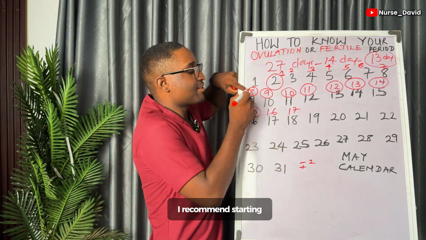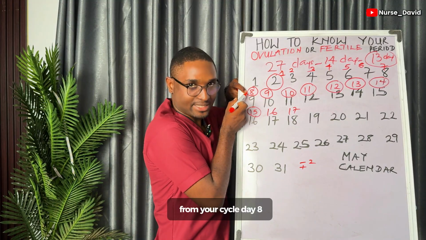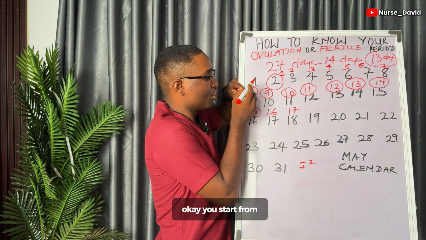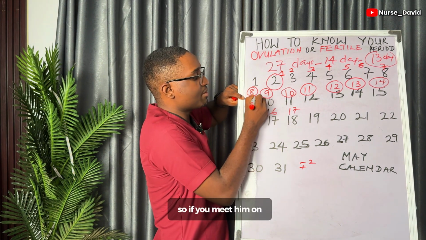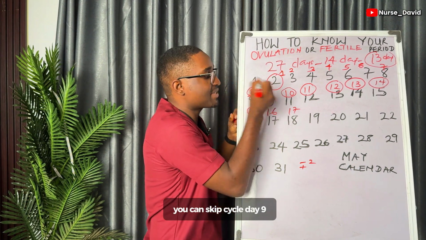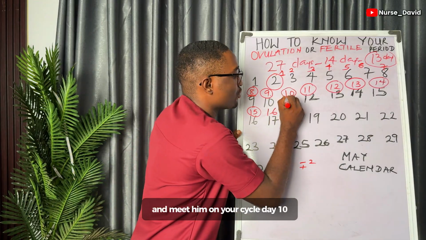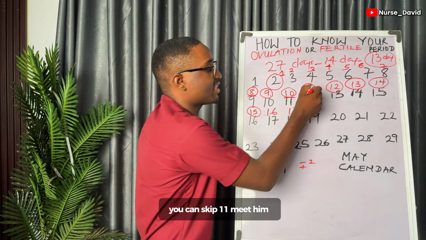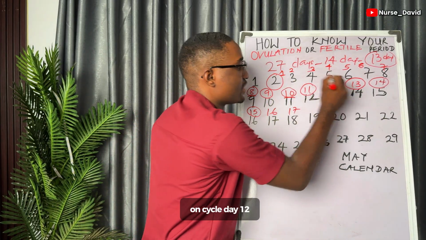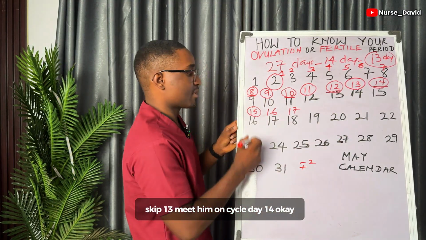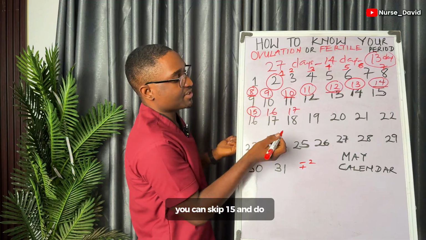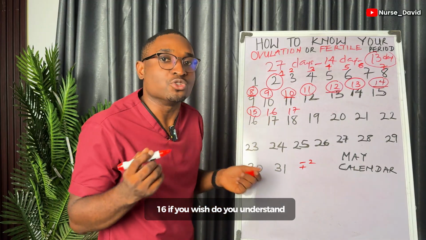I recommend starting from your cycle day 8. So if you meet him on your cycle day 8, you can skip cycle day 9 and meet him on your cycle day 10. You can skip 11, meet him on cycle day 12. Skip 13, meet him on cycle day 14. You can skip 15 and do 16 if you wish.